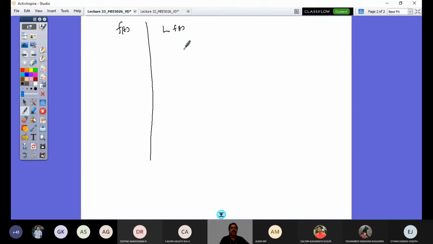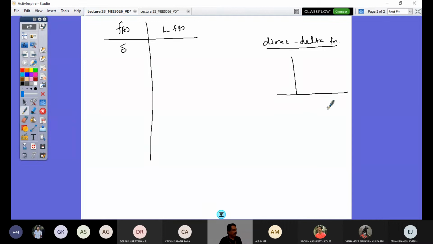What is it going to be? I have a function called the Dirac delta function. How do you define this Dirac delta function? It can be defined like this. If this is t, I have my function which is nonzero at t equal to 0 only. This is my Dirac delta function.